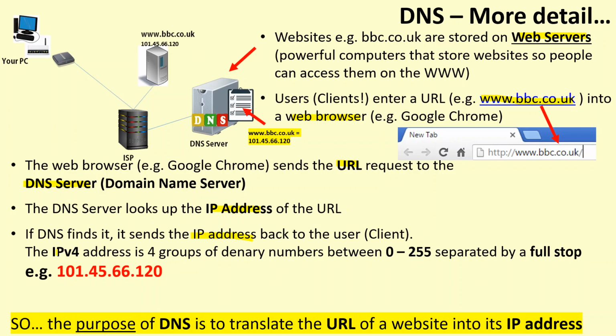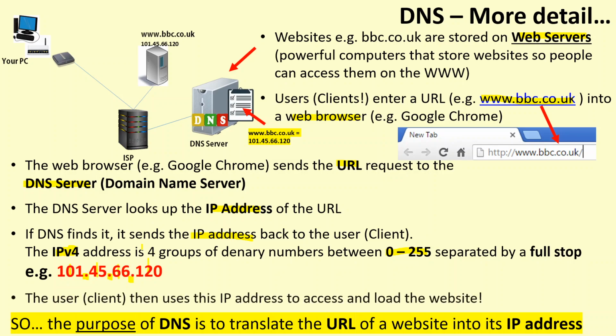And the IP address will be like this: 4 groups of numbers, separated by a full stop. 4 groups of numbers between 0 and 255, separated by a full stop. Once the client's computer, the user's computer, has the IP address, it can then use the IP address to access the website and load it.